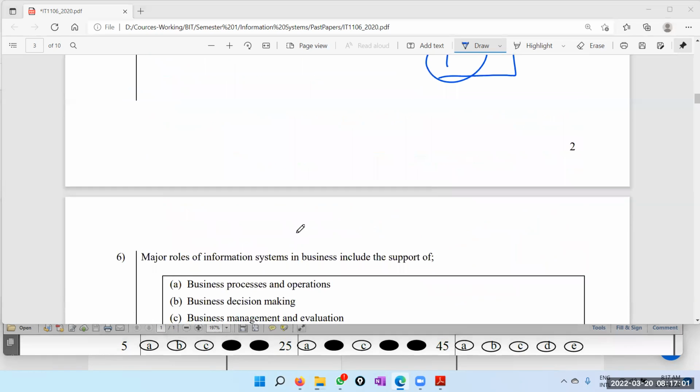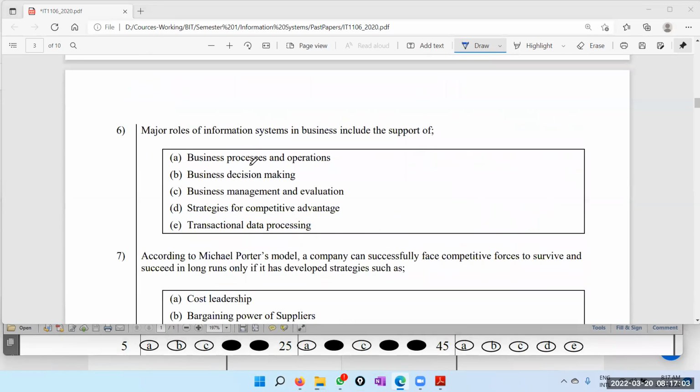Right. 6. Major roles of information systems in business include the support of... Now, what are the major roles? Transaction processing, right? Management support, that is decision making and planning, right? Then knowledge management. What else?